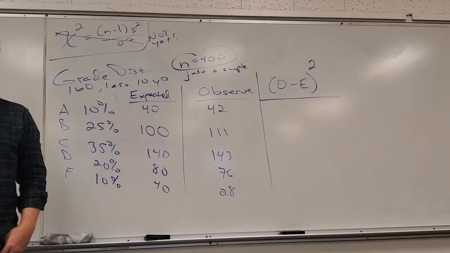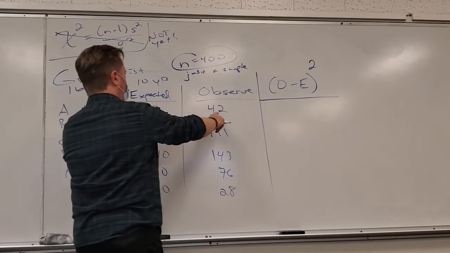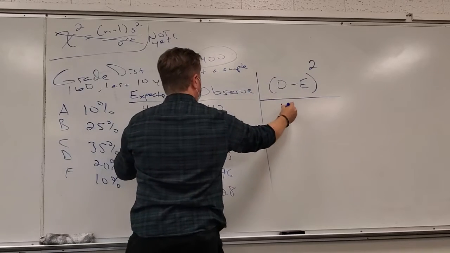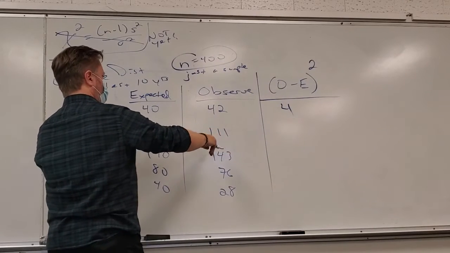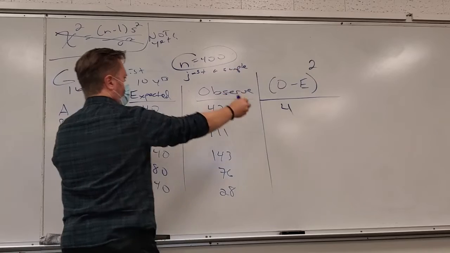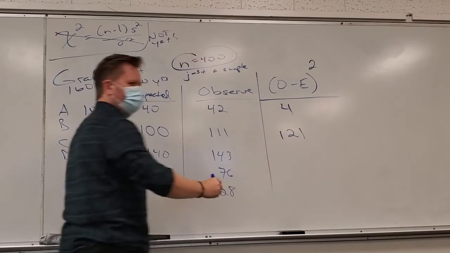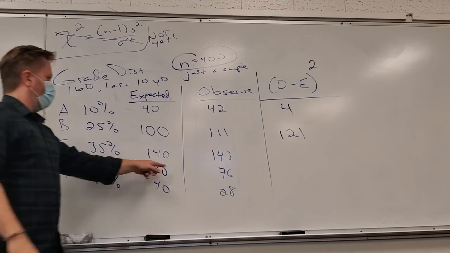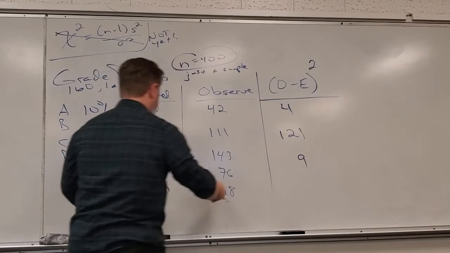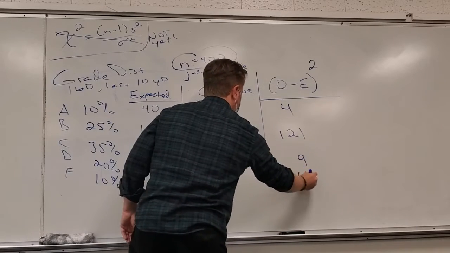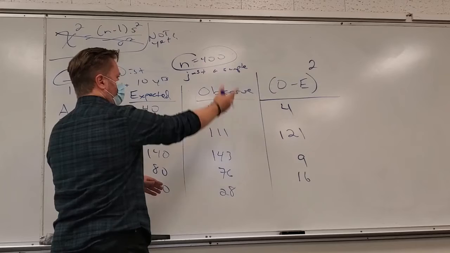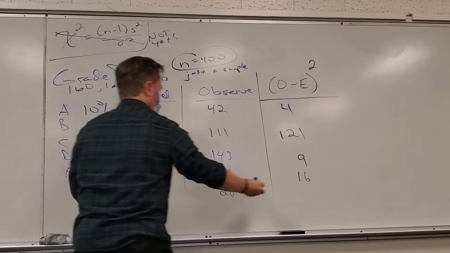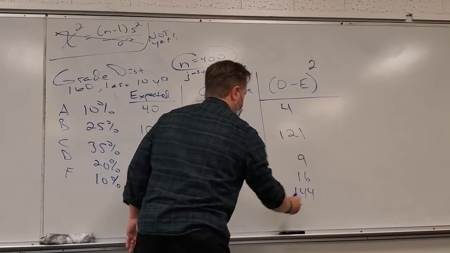So let's see what we get. 2 squared is 4. The difference of 11 squared is 121. The difference of 3 squared is 9. The difference of 4 squared is 16. It's actually negative 4, but I'm squaring it. And then 12 squared is 144.